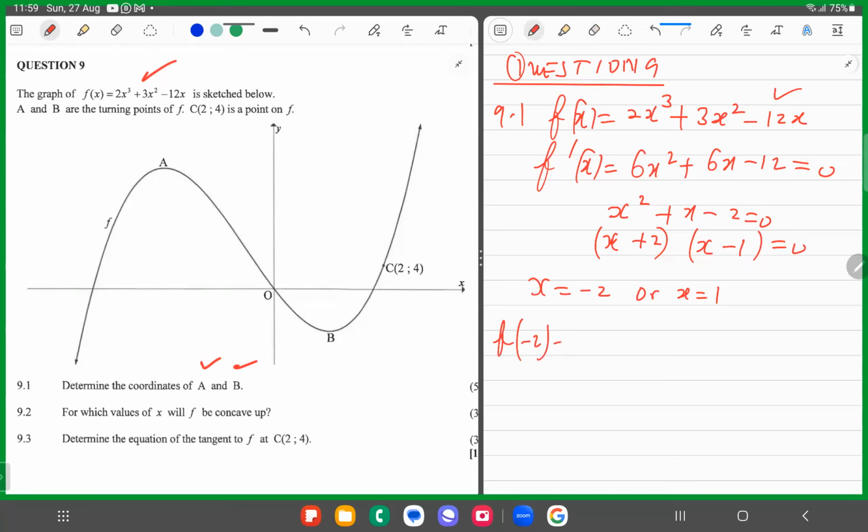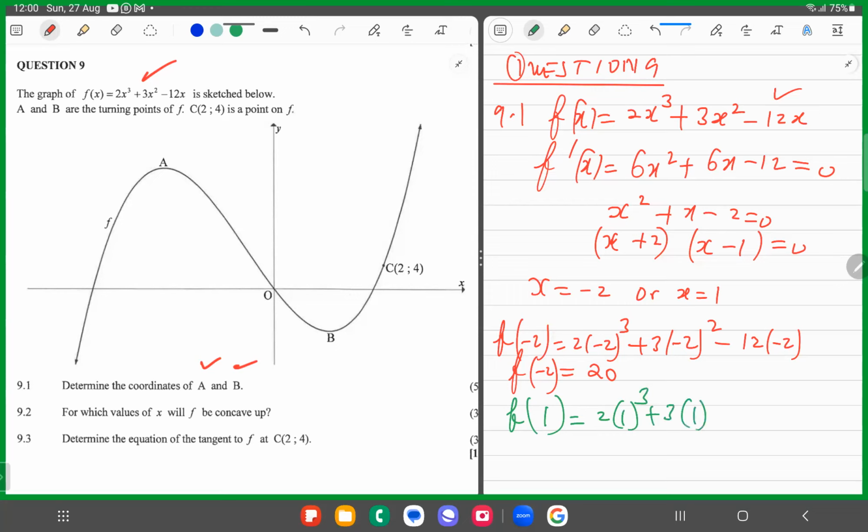So which means that you're going to have to get f evaluated at minus 2. You'll get this one, but also you'll have to get f at 1, which is 2 into 1 cubed plus 3 into 1 minus 12 into 1.